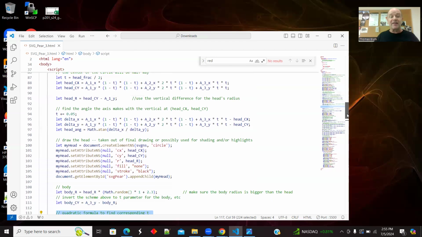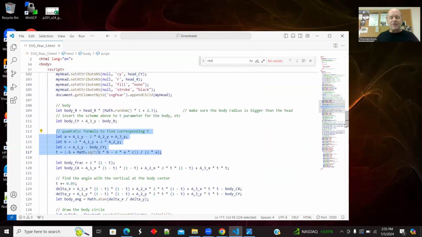Now I would like to find the T's. And so I have to solve that same kind of equation I had above. And so it's going to be a quadratic formula. It is, after all, the quadratic Bezier. So if I want to find a T, I have to expect to solve a quadratic formula. And so here are my A, B, and C: if I make a quadratic formula and solve it for T, these are my coefficient of the square term, the linear term, the constant term.